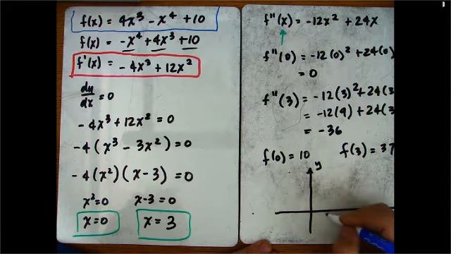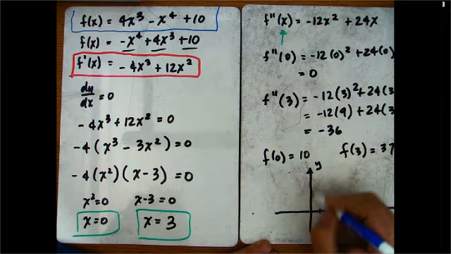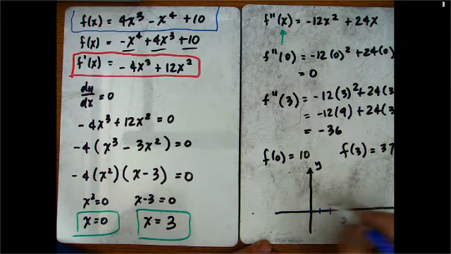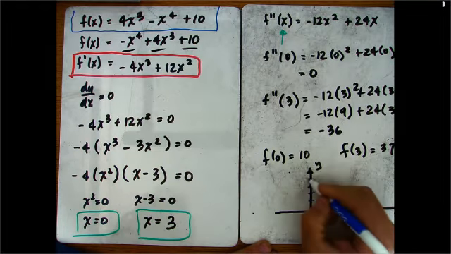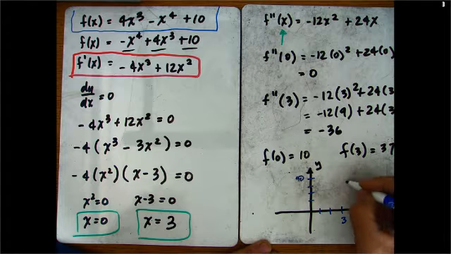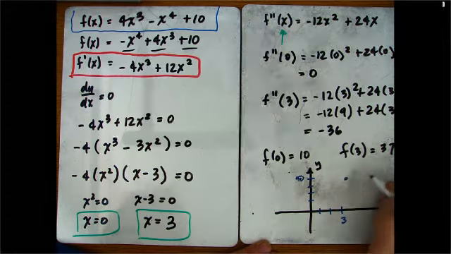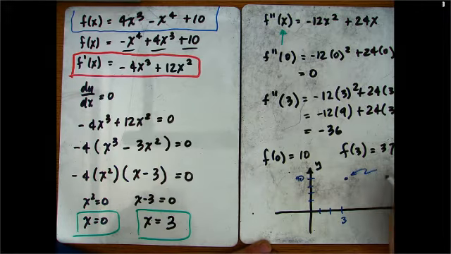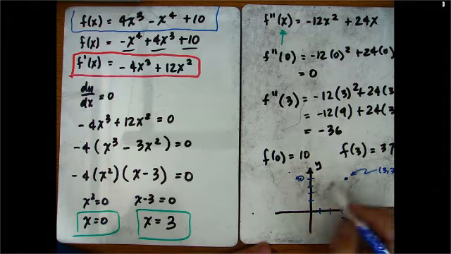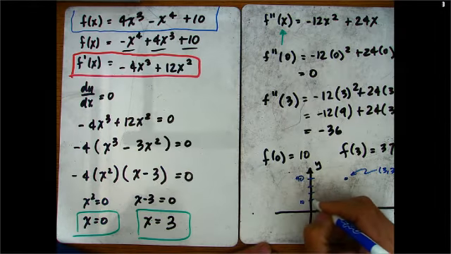So we have to go up to at least 40: 10, 20, 30, 40-ish. There's this point (3, 37), and then there is this point (0, 10) right here.